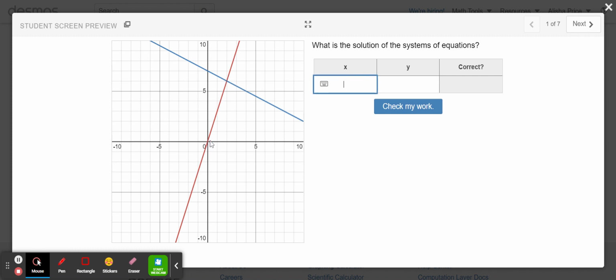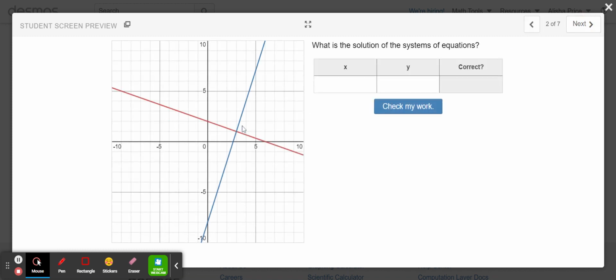I got 2, 6 because my x-axis is this horizontal axis. So I went over 1, 2, and then I went up 6 to get to that point. My x-coordinate is 2, my y-coordinate is 6, and whenever you click check my work, you should get a nice thumbs up there.